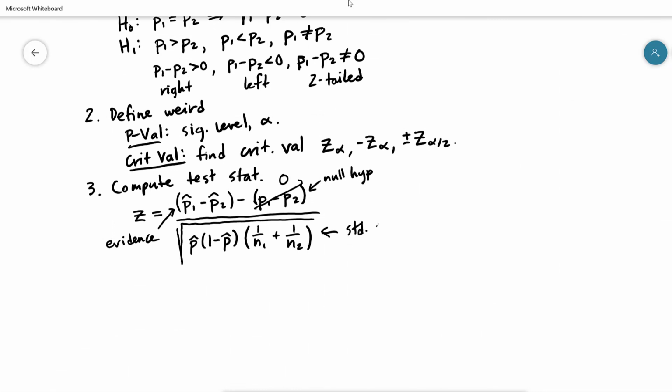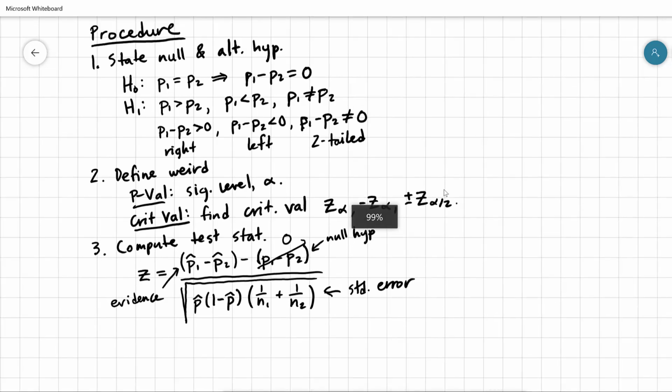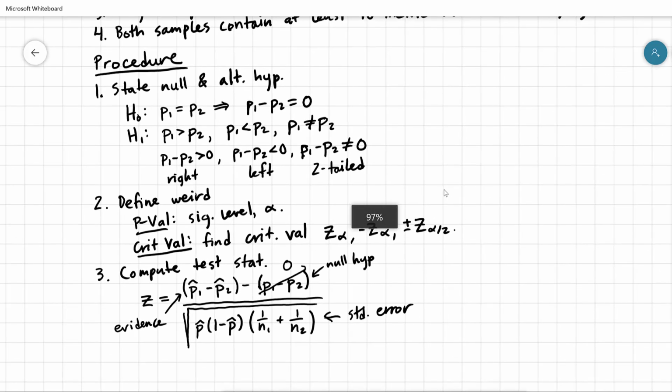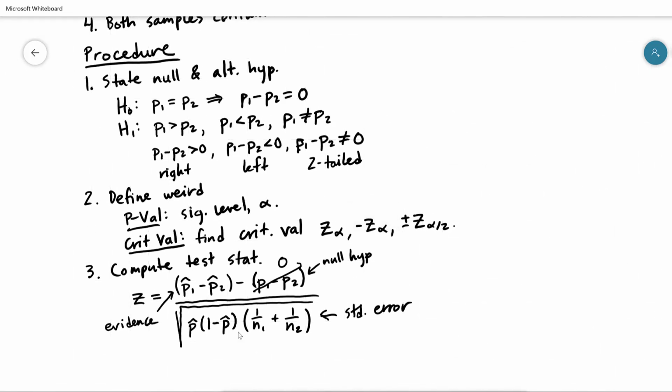But notice our standard error involves this p-hat term. We don't have a p-hat in this problem. We have two different p-hats. We have p-hat 1 and p-hat 2, but we don't have p-hat. And so I need to define what this is. This is sort of the combined p-hat. So let me just make it totally clear: this p-hat that we're writing right there is called the pooled proportion.